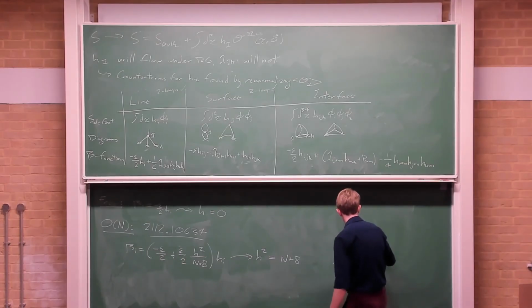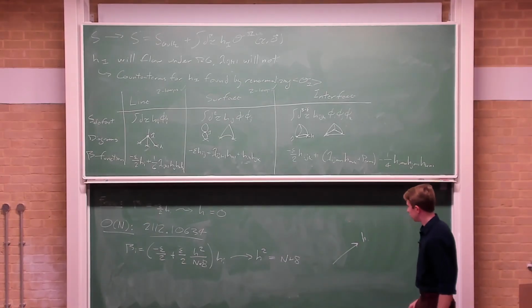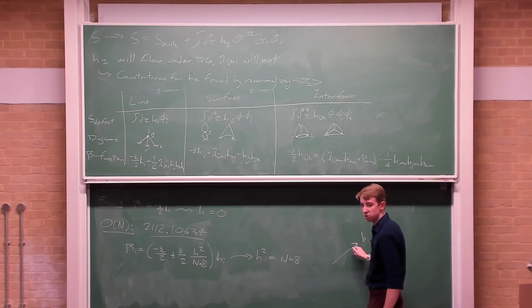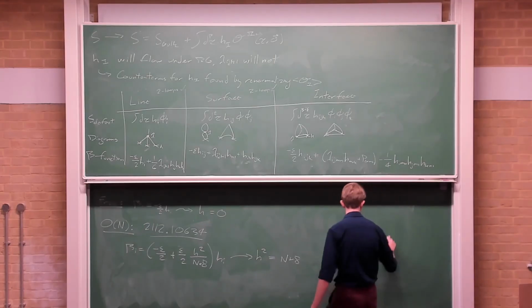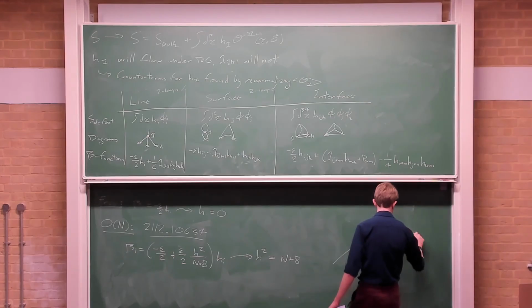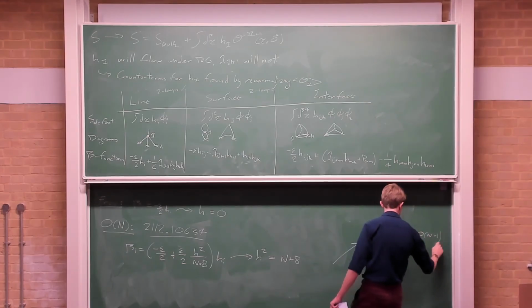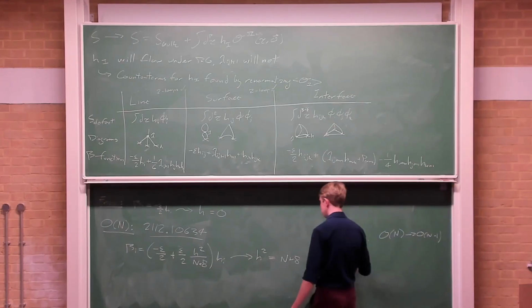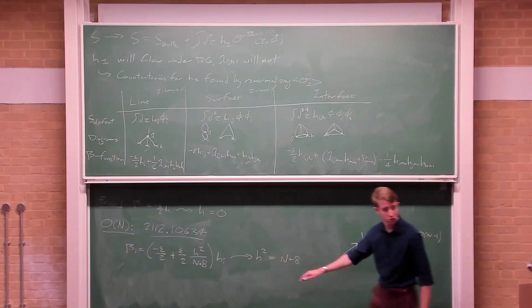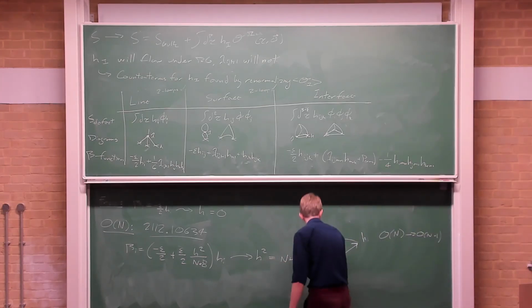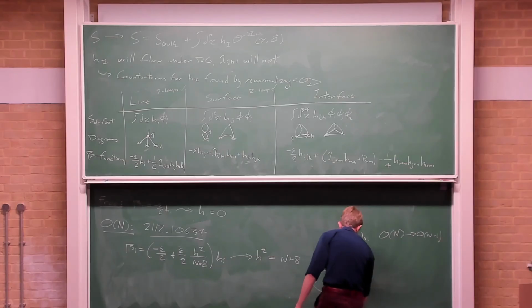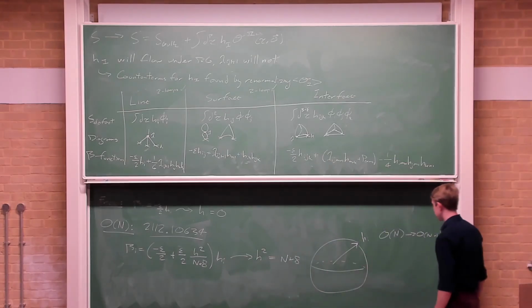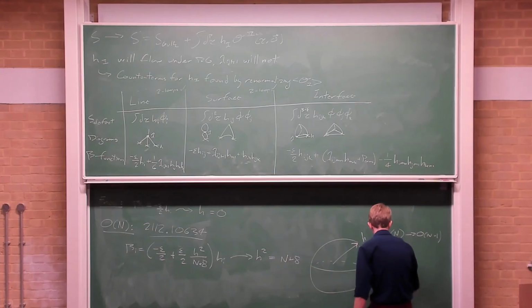And this will break the O(n) symmetry of the bulk to an O(n-1) symmetry on the defect. And you see that it doesn't matter which direction we choose. And so we actually get a sphere of fixed points, which each describe the same physical theory. So they're all equivalent. And the sphere is, of course, just the orbit O(n)/O(n-1).